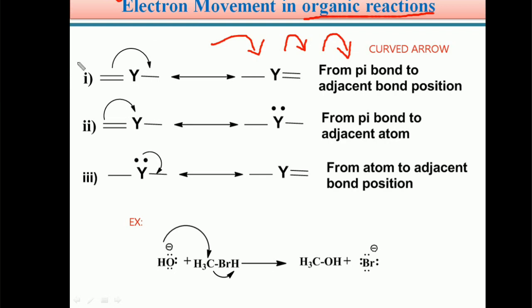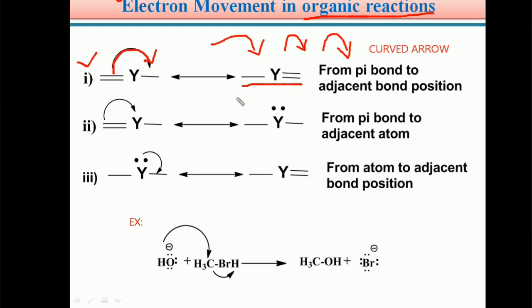The first case is the electron pair moving from a pi bond to an adjacent bond position, denoted with a curly arrow. After this transfer, the species becomes like this.